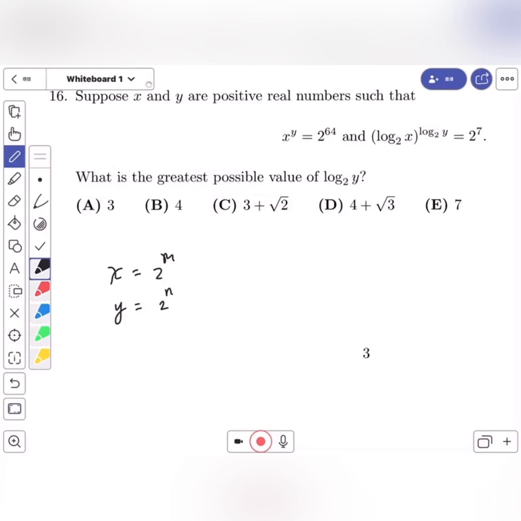Then we have 2 to the m times 2 to the n is actually equal to 2 to the 64. And we also have log base 2 of x, which is equal to m, log base 2 of y, which is equal to n. That is equal to 2 to the 7.